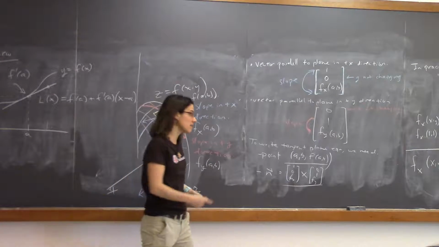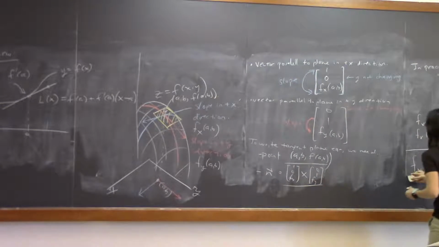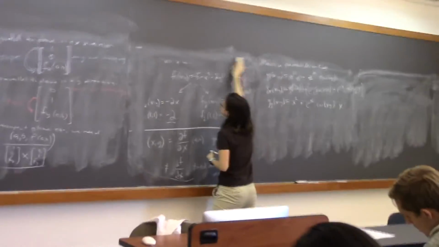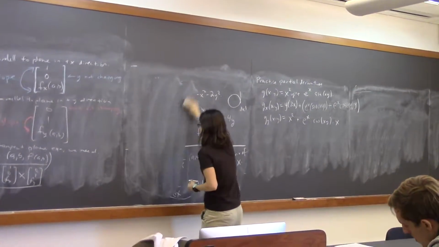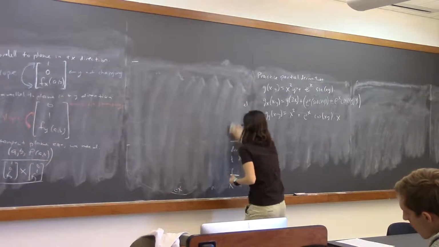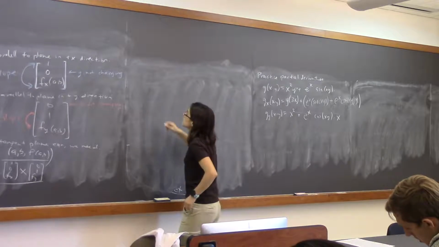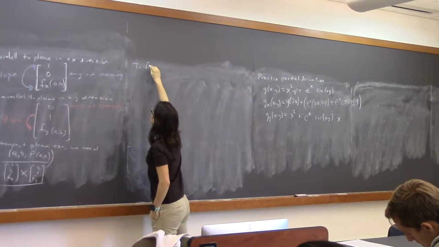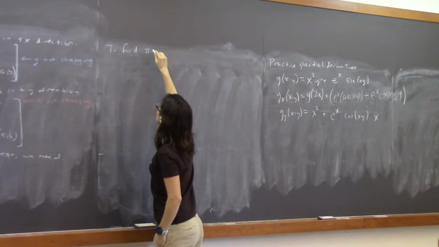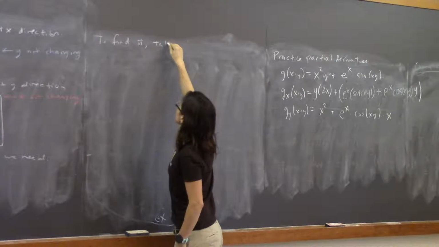Okay, so let's just do it. Let's define the normal vector. We'll take the cross product.